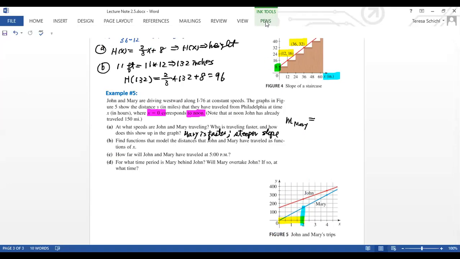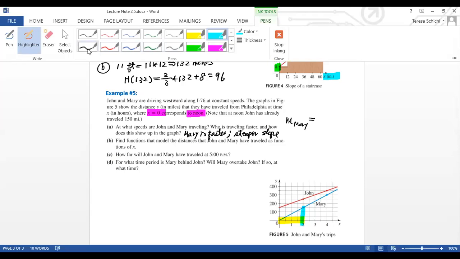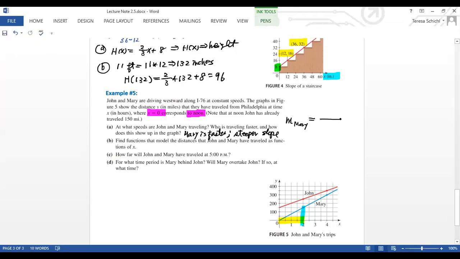So the slope of Mary is 150 minus 0 over 2 hours, so 75 miles per hour. Okay, now let's take a look at the slope for John.